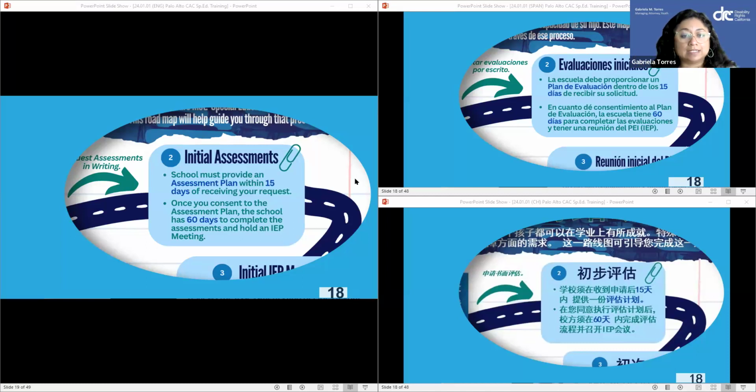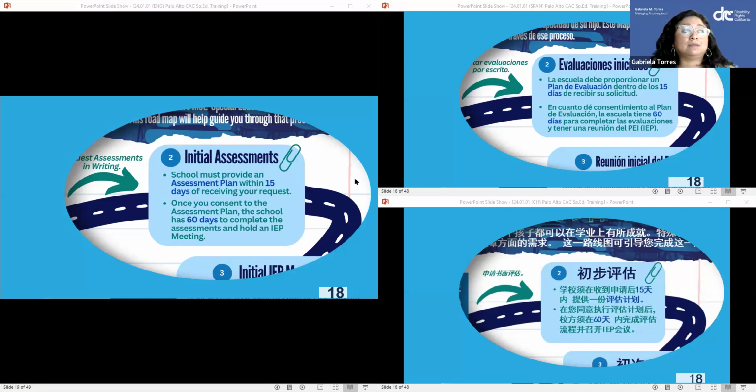So it's 15 days. And once you consent to the assessment plan itself, consent is your written permission for the assessment to begin. The school would have 60 days to complete all of its assessments and to hold an IEP meeting. The assessment plan itself is really important, and we have a copy of one later on in the slides, but it lists all the areas that the school district is proposing to assess your child in.